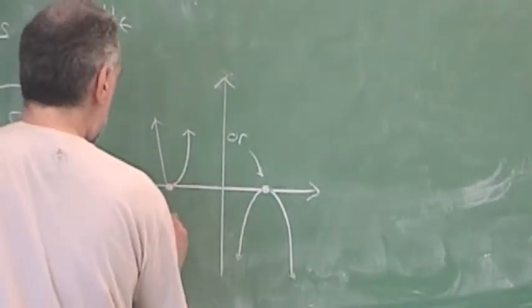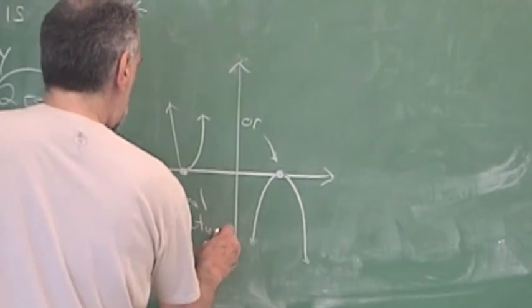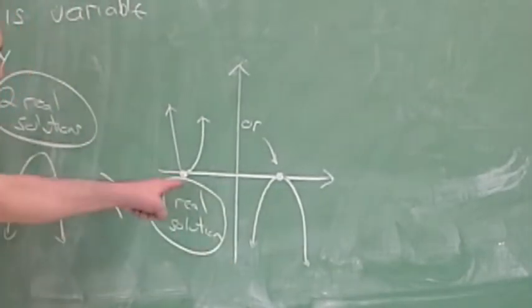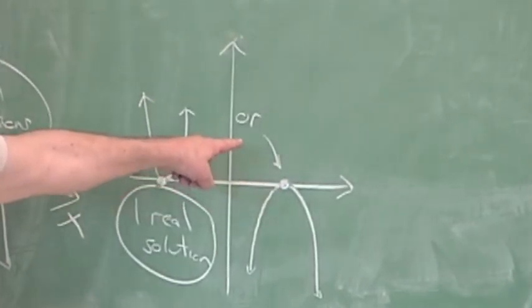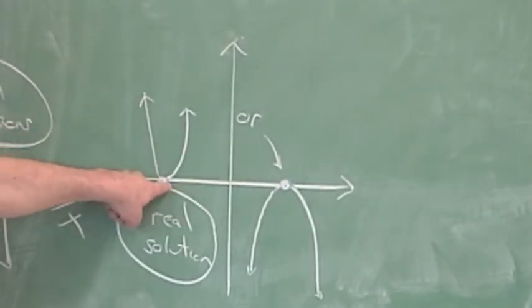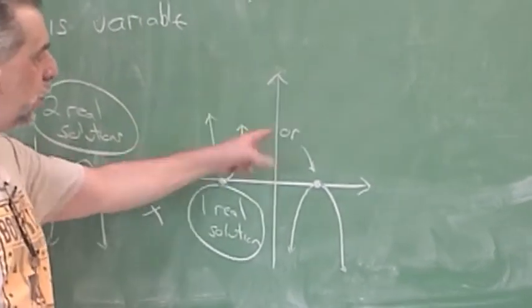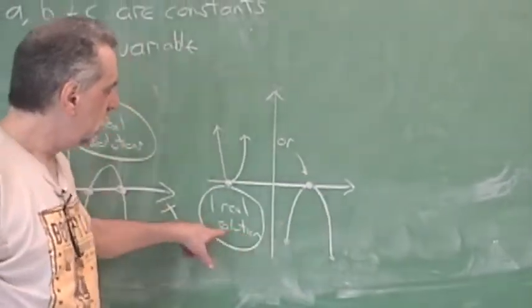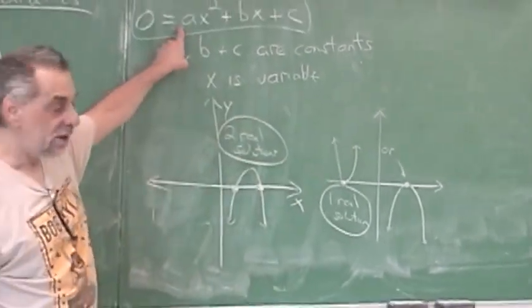In this case, we're getting one real solution, just that point. We call that bottom point or top point a vertex of the parabola. So if just the vertex is the only point touching the x-axis, either opening upward or opening downward, we're only going to get one real solution when we solve this equation.